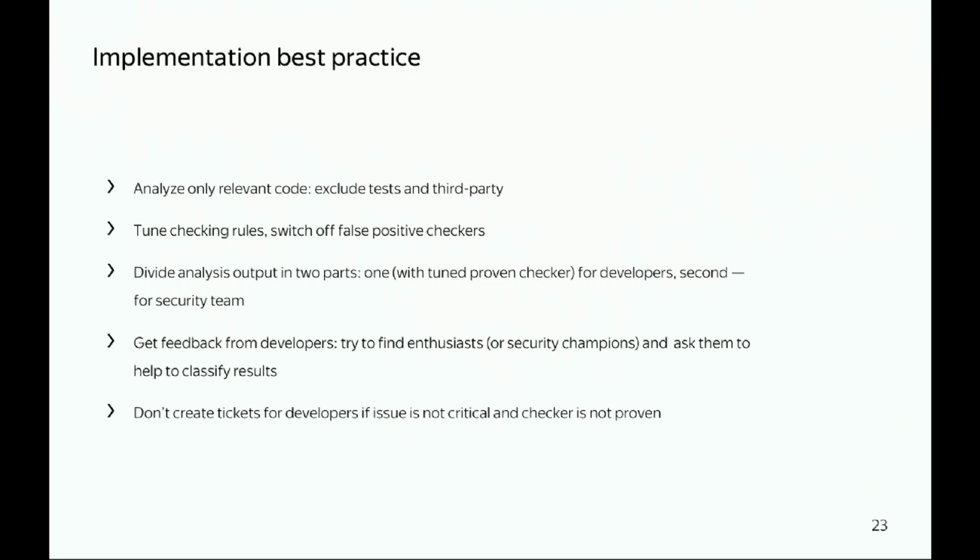So analyze only appropriate code, appropriate branches. Also, tune checking rules, because a lot of rules in standard static analyzer engines are false positive. You should find out which ones for your code and switch them off. It's the difficult part of implementation, actually.